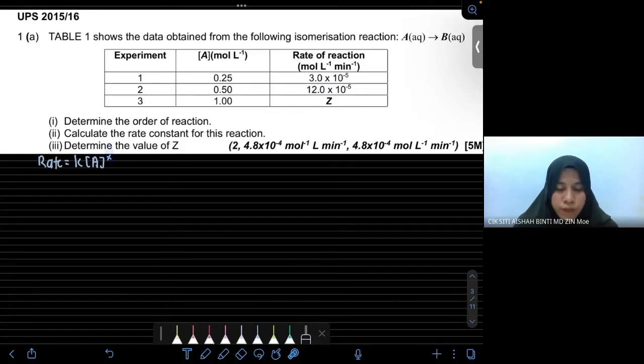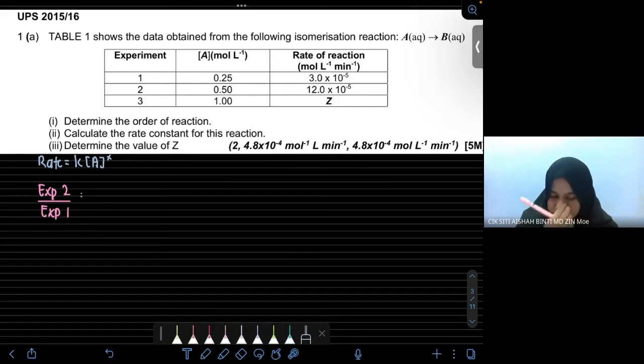So how to determine? From here, we only have information tentang experiment 2 and experiment 1. So what we should do next is we're going to find out our order by dividing experiment 2 divide by experiment 1. Okay, so here experiment 2 divide by experiment 1.